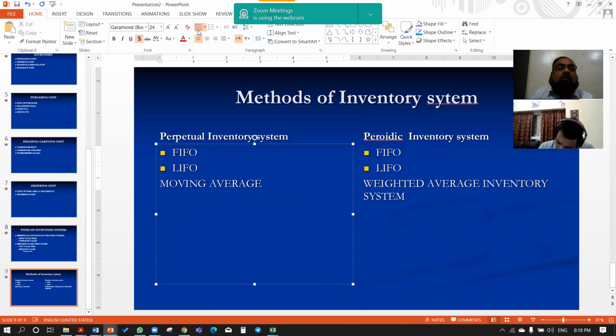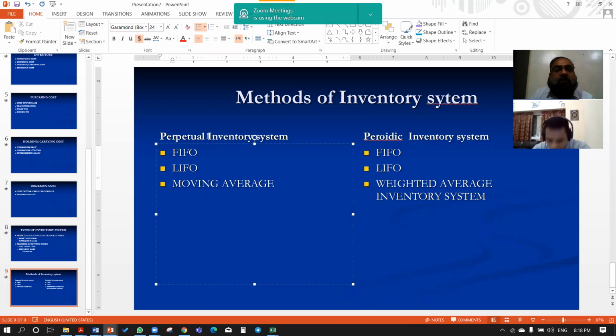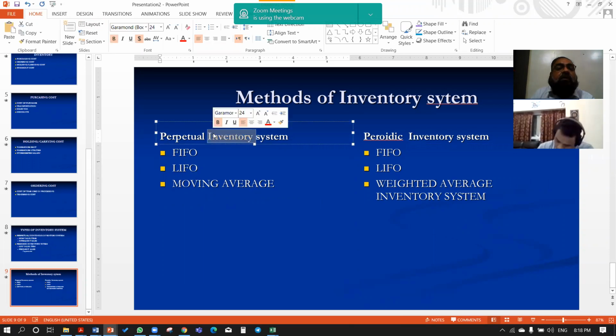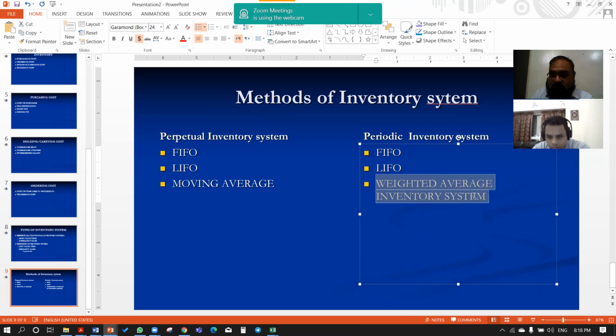So we have FIFO, LIFO, and moving average under the perpetual inventory system. And under the periodic inventory system, we have the same thing. FIFO and LIFO are the same, but we call it the weighted average inventory system.